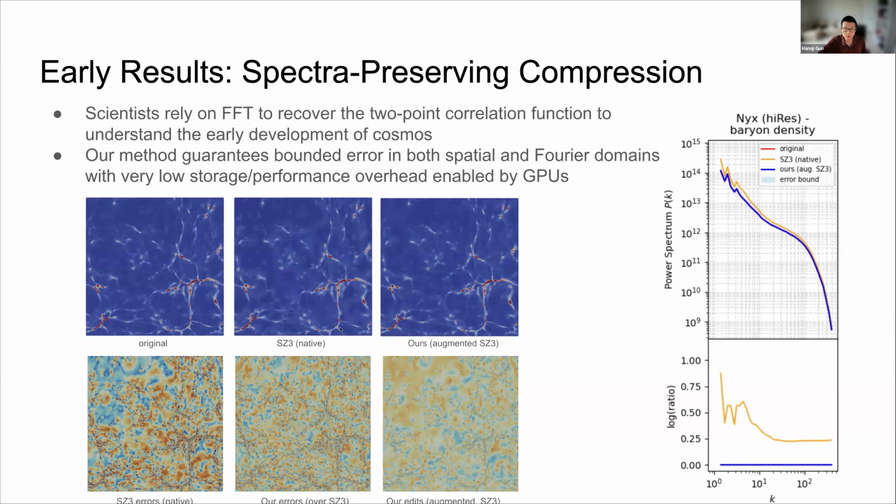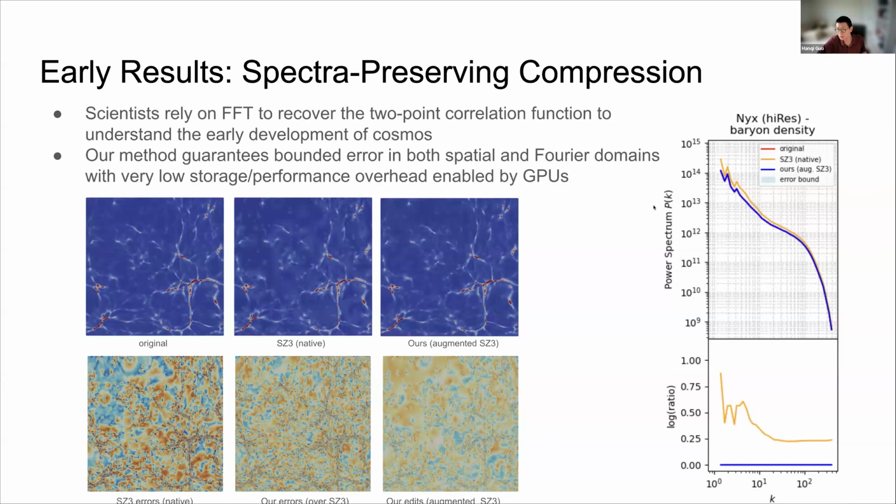So we developed some new technology to fix the power spectrum in lossy compressed data, and this time we can guarantee bounded error in the Fourier domain, and at the same time bounded error in the spatial domain as well. We introduce very little storage and performance overhead with GPU acceleration, and with the same compression ratio, we can preserve the spectrum features much better.